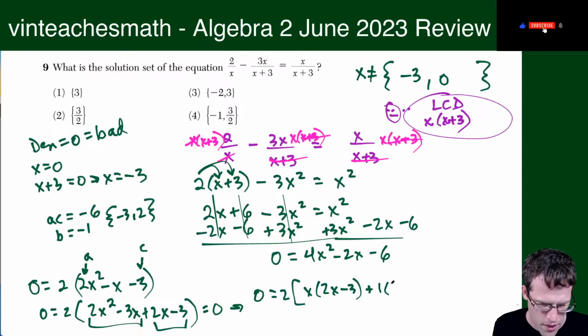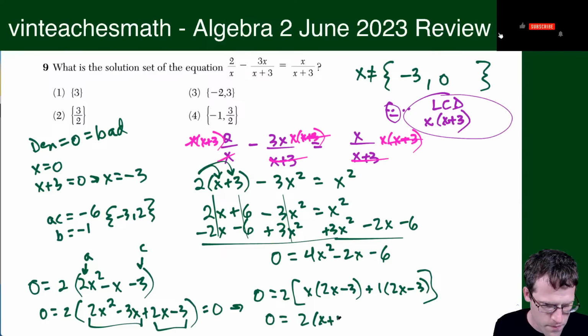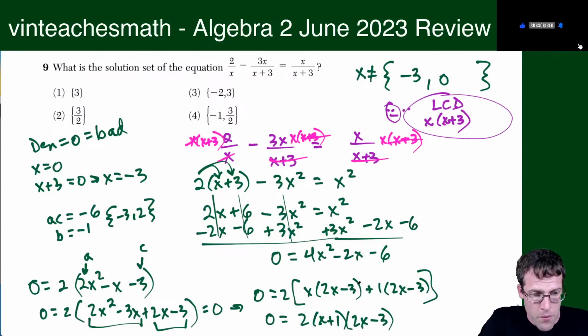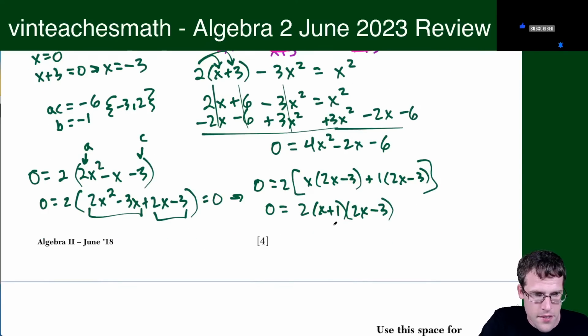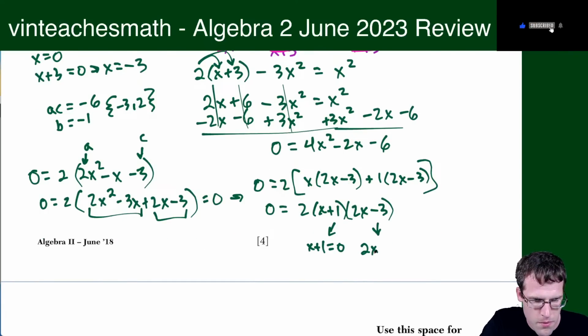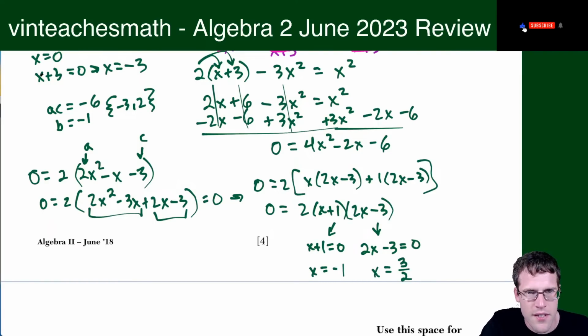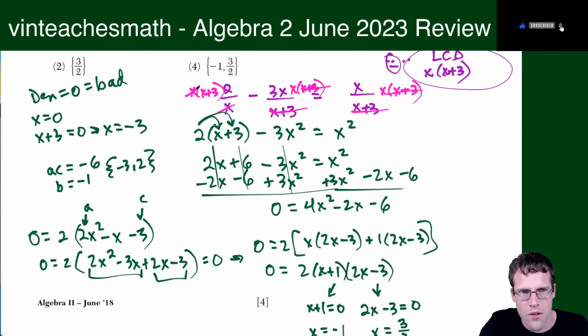And take out a 1, and I have 2x minus 3. So now this is 0 equals 2 times x plus 1 times 2x minus 3. And from here, this is going to give me x plus 1 equals 0, and 2x minus 3 equals 0. X equals negative 1, and x equals 3 halves. So negative 1 and 3 halves, choice 4.